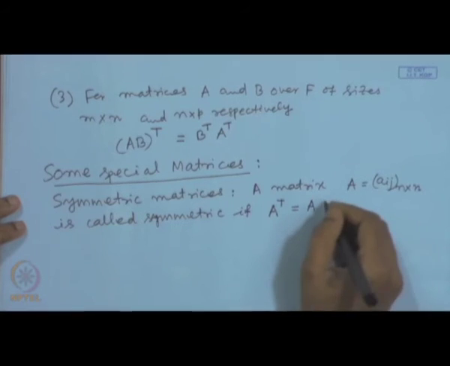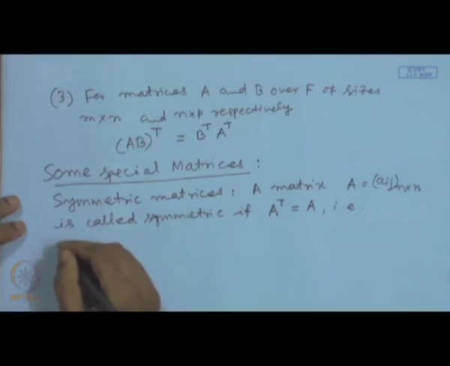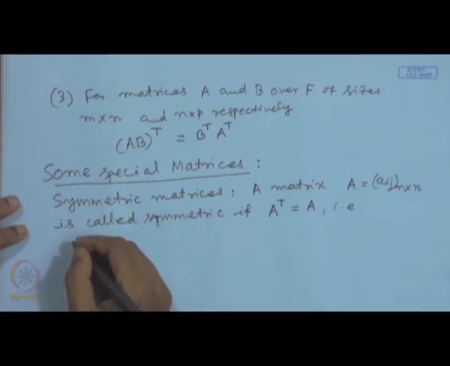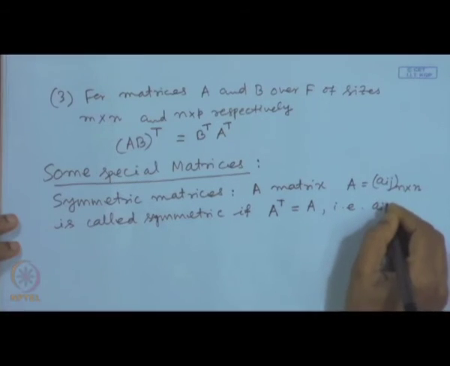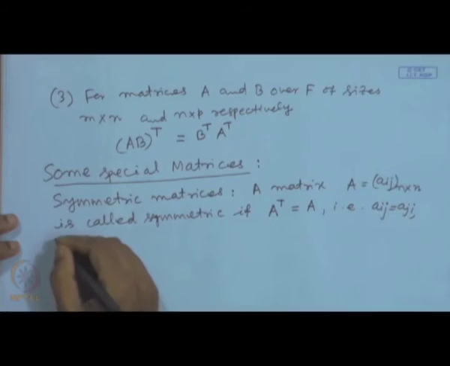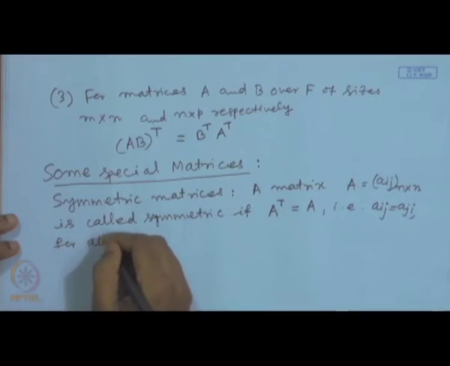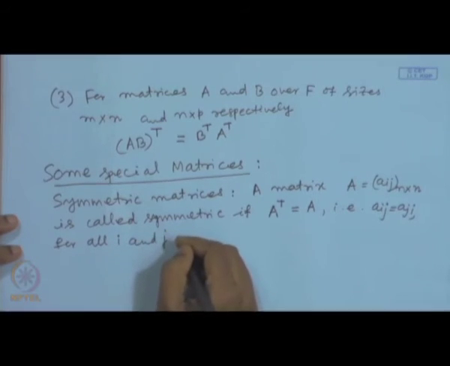or in other words, the entries satisfy Aij is equal to Aji for all i and j.